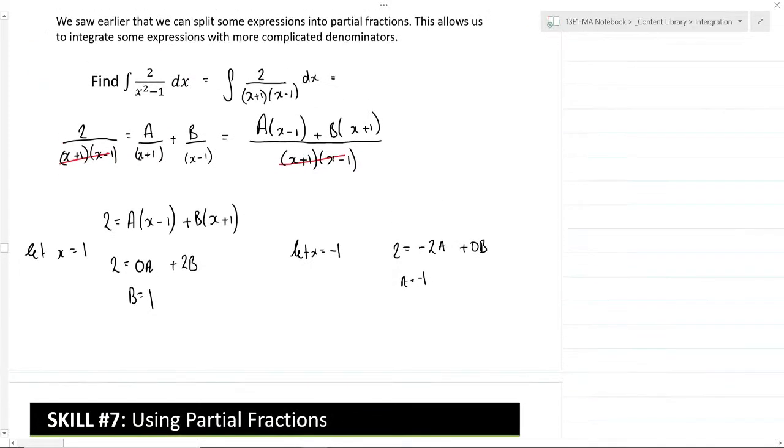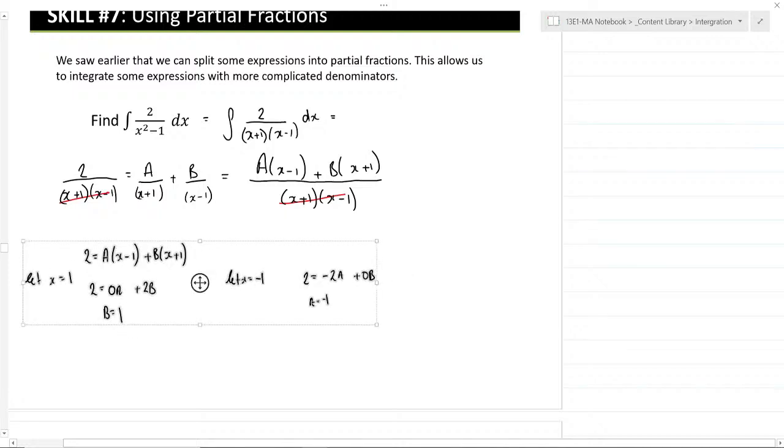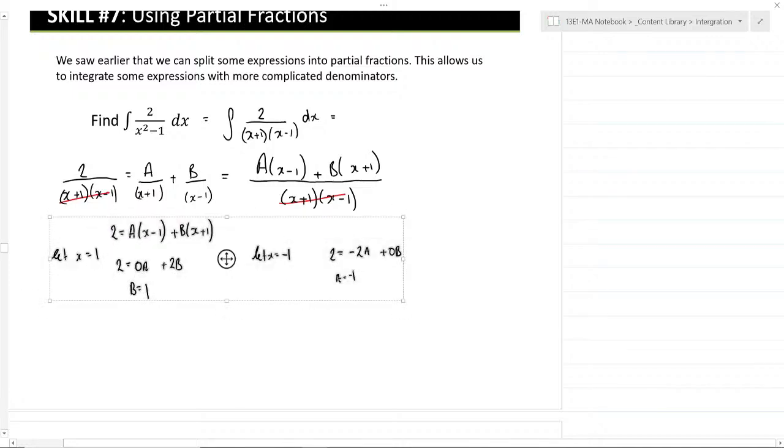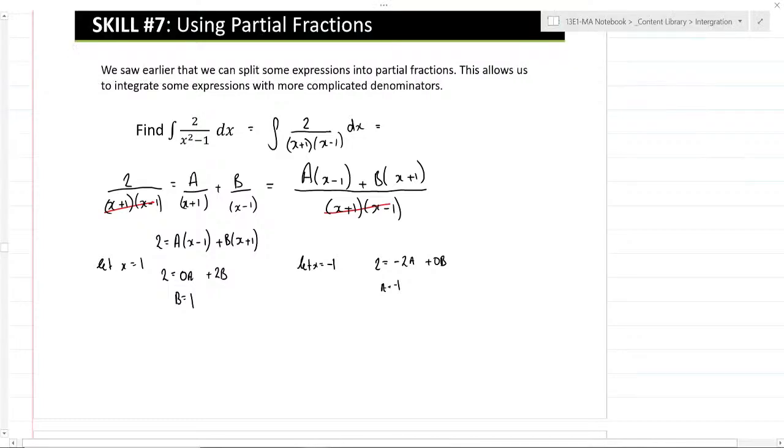So then that leaves us with, let's just tidy that up. Okay, that leaves us with the integral of 2 over x squared minus 1 with respect to x is equal to the integral of a over x plus 1.